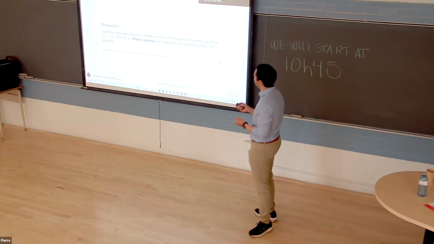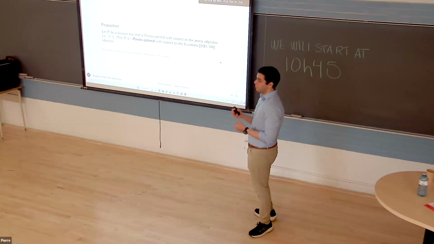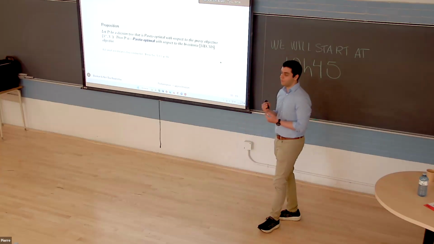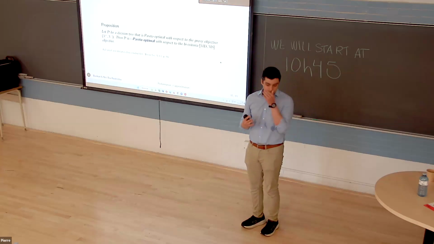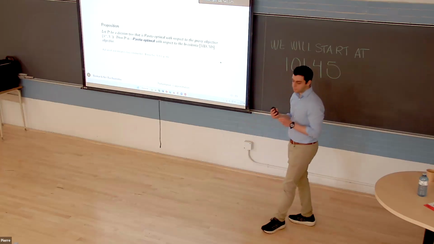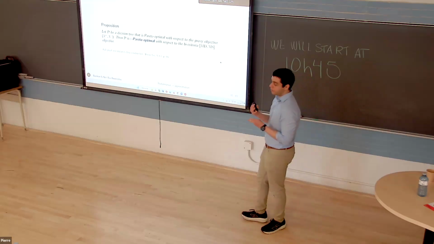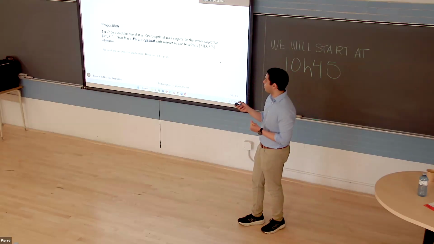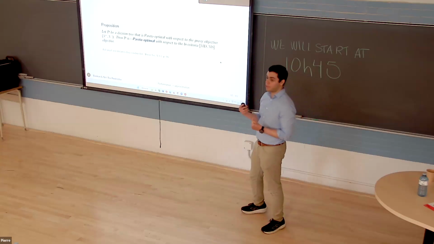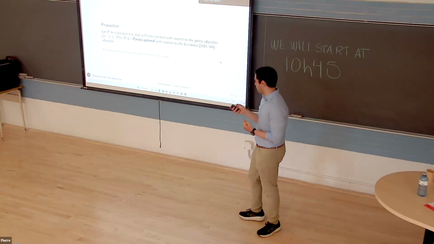And the proposition is, well, if you remember, when we were focusing on lines individually, we claimed that it finds a Pareto optimal solution. But how does our epsilon approximation affect the Pareto optimal solution?